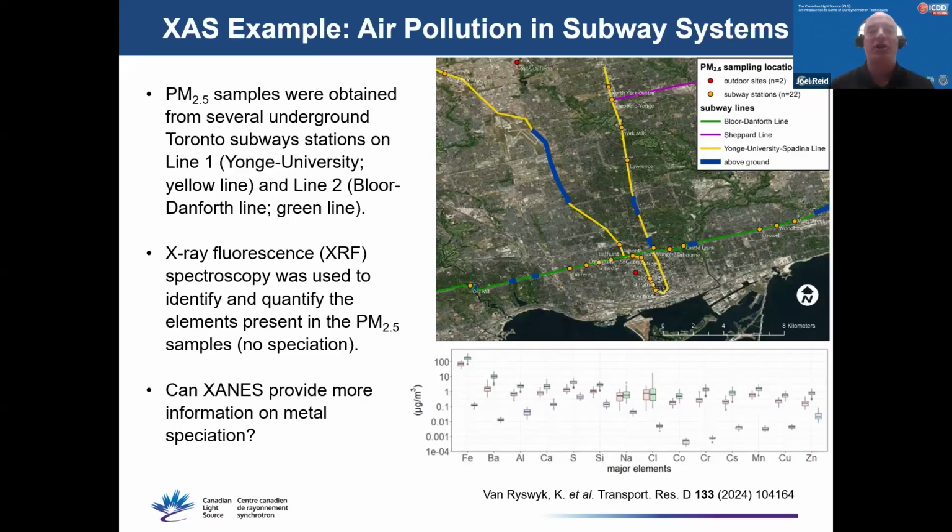So 6 transition elements were chosen for chemical speciation using XANES, based on abundance and the heterogeneity of toxicity across the different species of the elements. 2 elements were of particular interest, though. Iron was by far the most abundant metal species because it's ubiquitous in so many train components. And chromium was also of interest due to the toxicity of chromium-6.